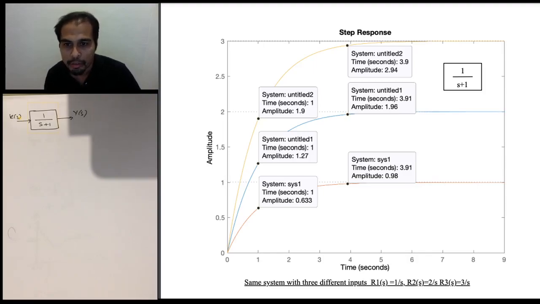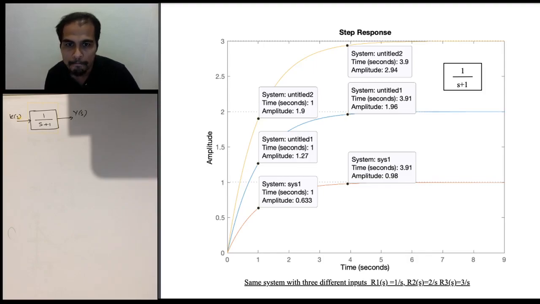From the slide, the red response is for the input 1 over s, the blue one is the response for the input 2 over s, and the yellow one is the response for the input 3 over s.